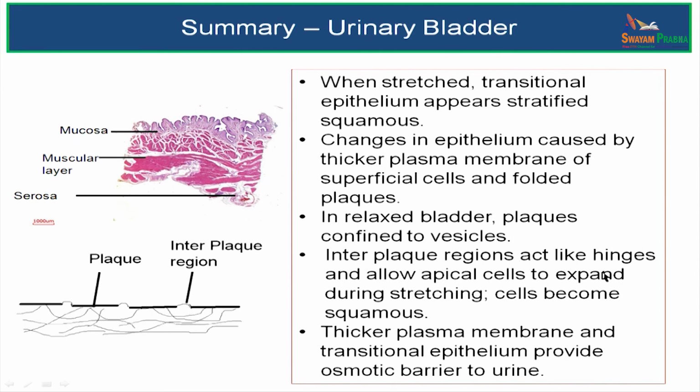Interplaque regions are going to act as hinges that allow the apical cells to expand during stretching. So, when the bladder wall is stretched, the cells become squamous. Please note that the thicker plasma membrane in transitional epithelium provides an osmotic barrier to urine, and hence this epithelium is called waterproof epithelium.